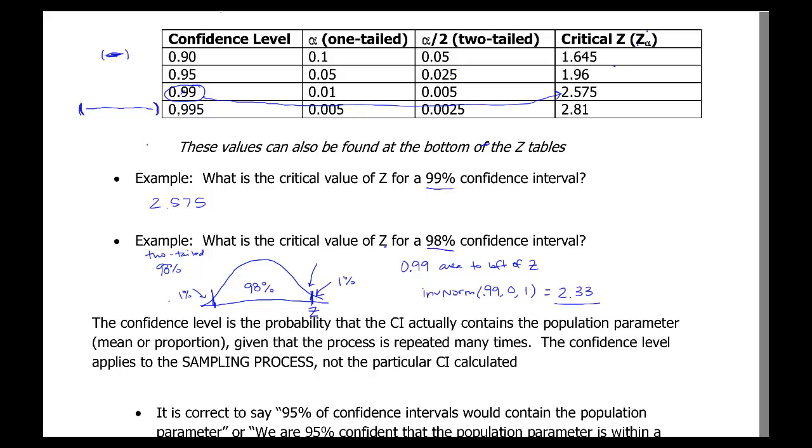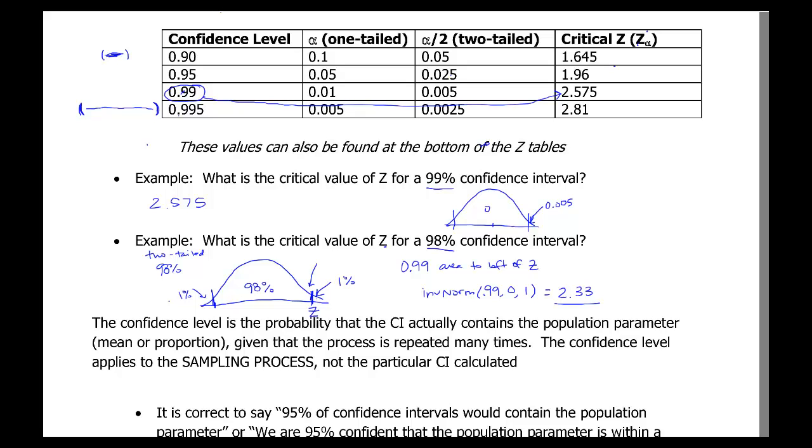You could do the same thing with this one, just the area to the right would be 0.05. So if you ever can't find a z-score on a table, or if you don't have your table handy, you can always do it this way. So if the total area is 1%, now this is going to be 0.005 over here. That would be 0.5%.